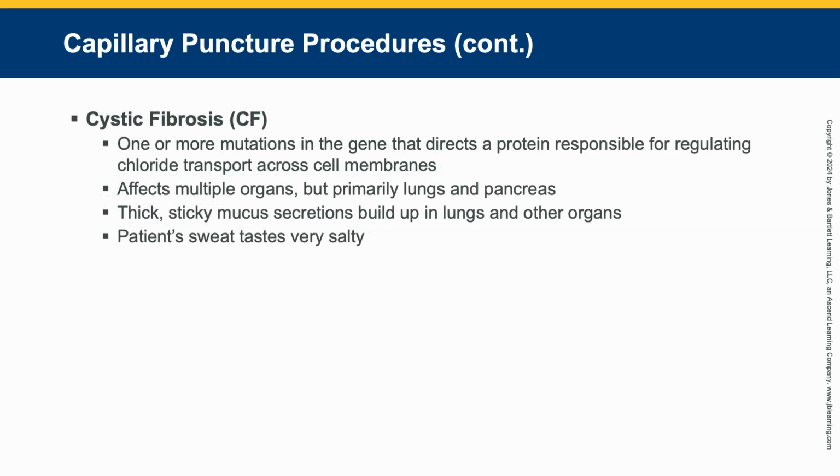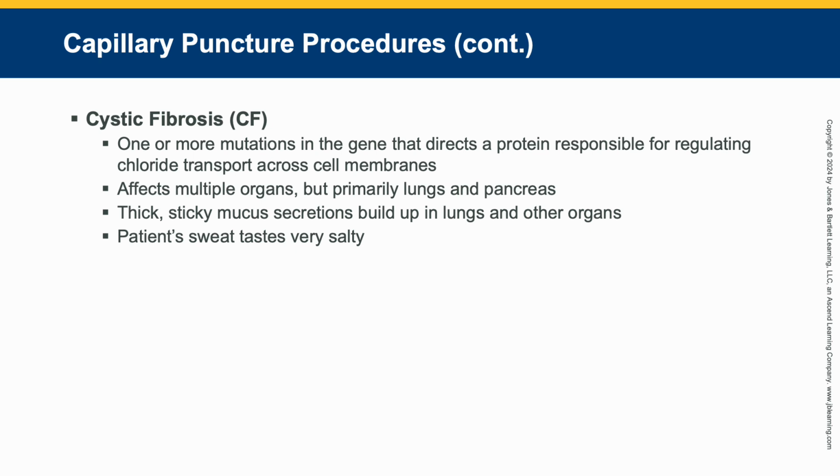The last one here is cystic fibrosis. This is a genetic disorder caused by one or more mutations in the gene that directs a protein responsible for regulating the transport of chloride across cell membranes. So cystic fibrosis involves multiple organs, but the main organs are the lungs and the pancreas.